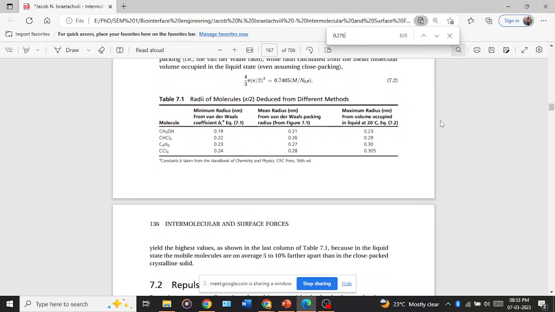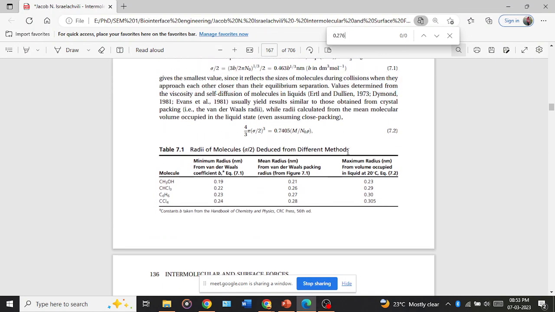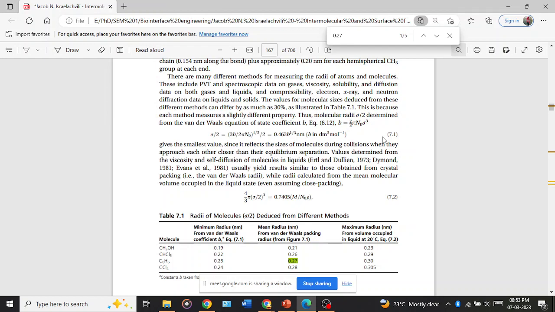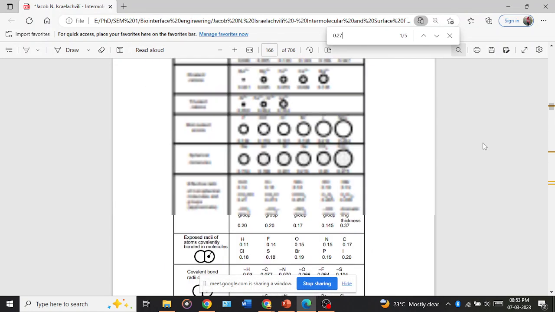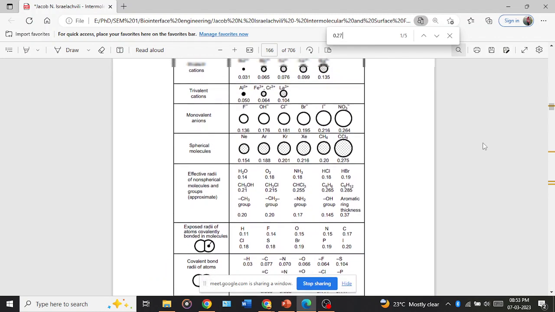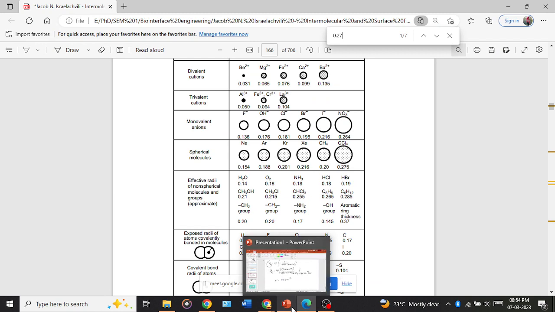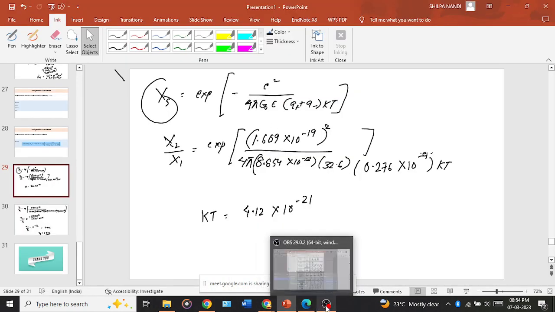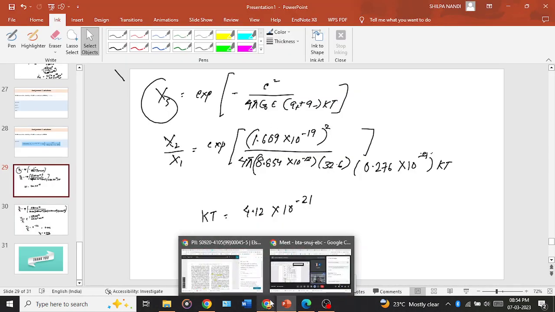Yes, see, a few of the radii of molecules have been given here, such as CH3OH, CHCl3, C6H6, CCl4. So the mean radius and van der Waals forces are given here. That is what I meant, that you need to refer to various tables in the book so that you can understand where the values are coming from and how to solve the question, because it's not easy to learn this subject without the book.